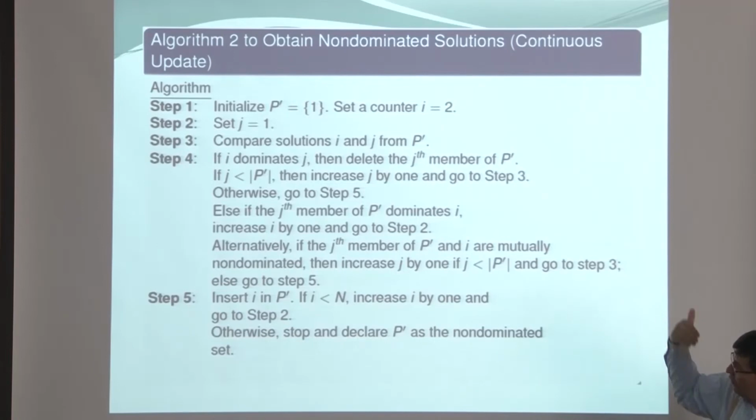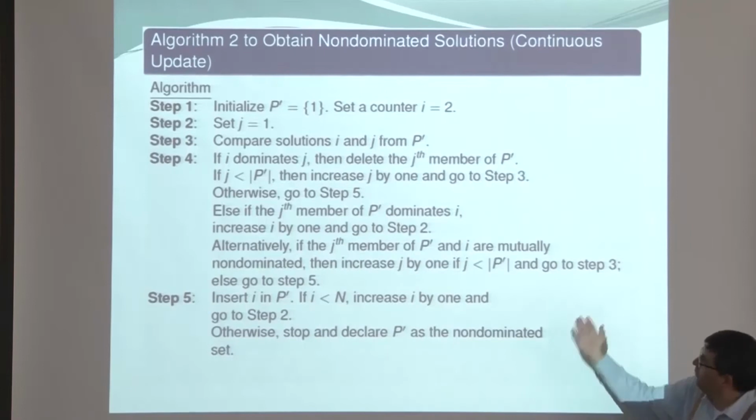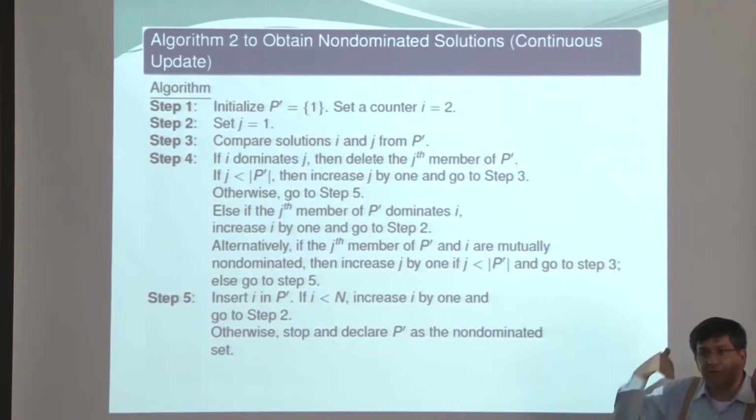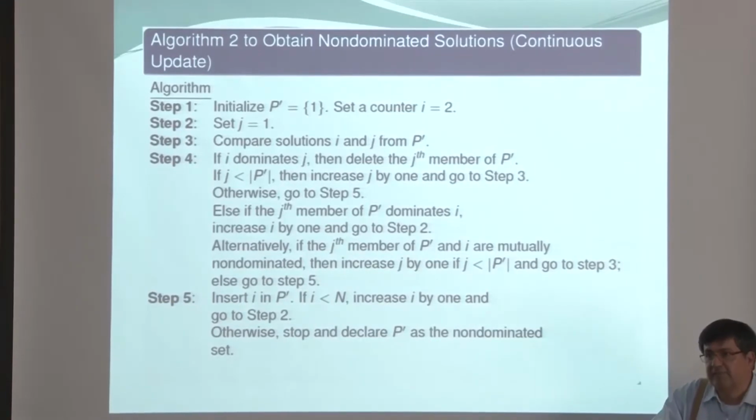But yeah, so can you continue to execute the algorithm? So what will happen is she is going to be adding solutions, and for each solution that is added, you have to compare the others with respect to what is already in this set. But of course, at the moment that somebody dominates that solution, you have to remove the solution from the set. And then you just move to the next solution. You don't keep comparing.